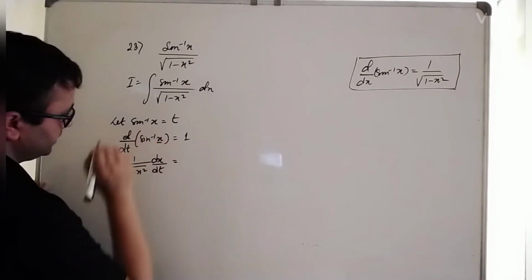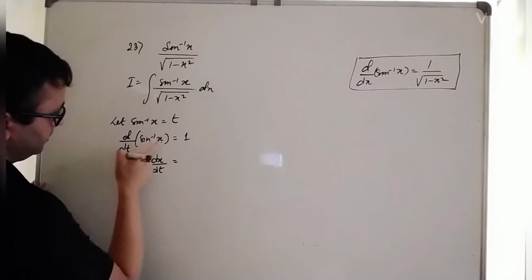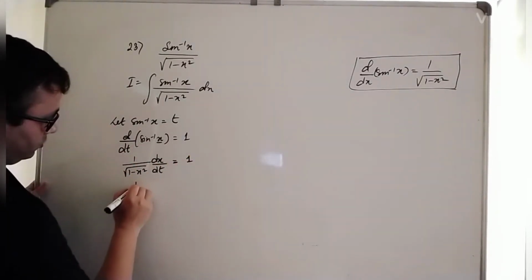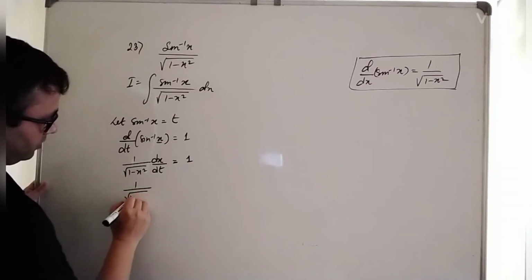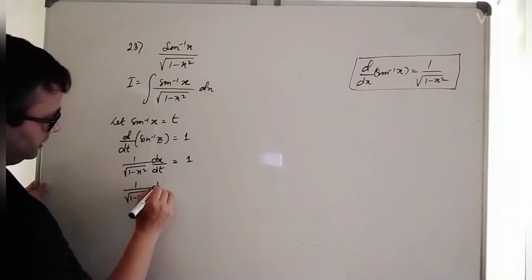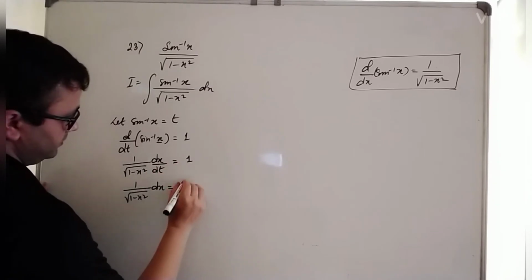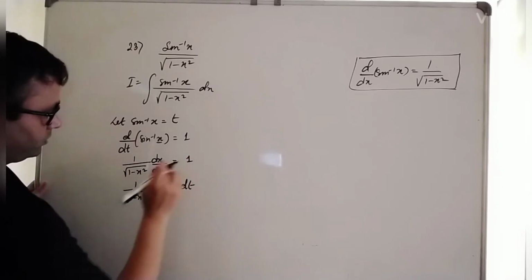Again we will differentiate this because of different variable. So 1 by root under 1 minus x square dx equals, now multiply, dt into 1 is dt.